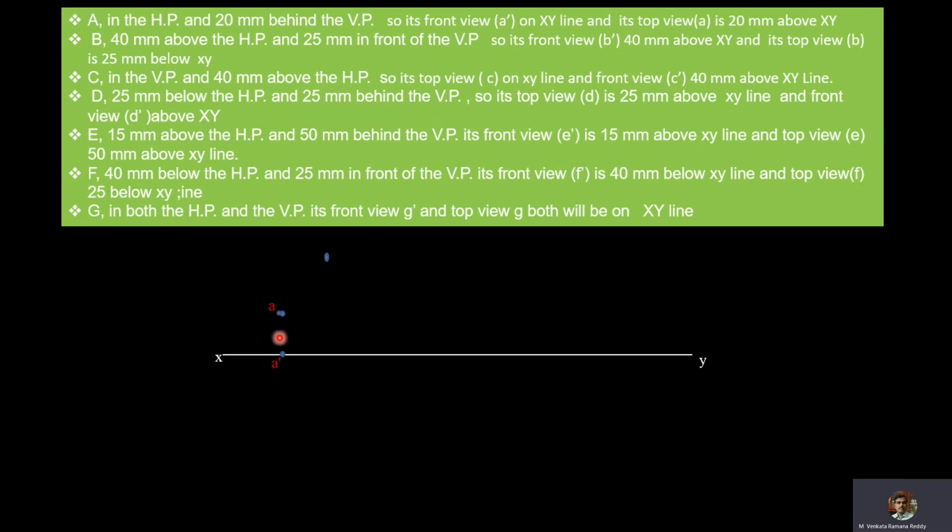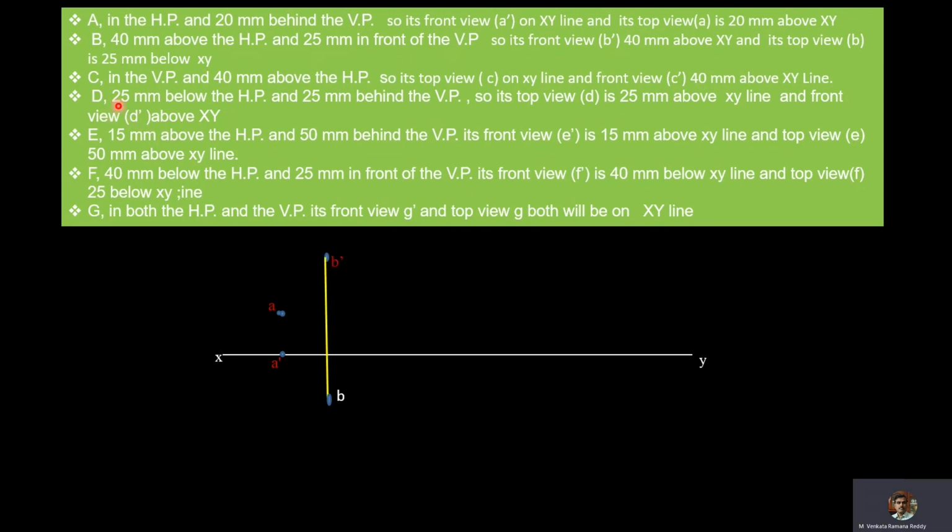Next, the distance between this projector and this projector is 25 mm. Then point B is 40 mm above the HP. That means the front view is 40 mm above the XY line, and 25 mm in front of the VP, so the top view is 25 mm below the XY line. So this is B dash, and B comes below the XY line.